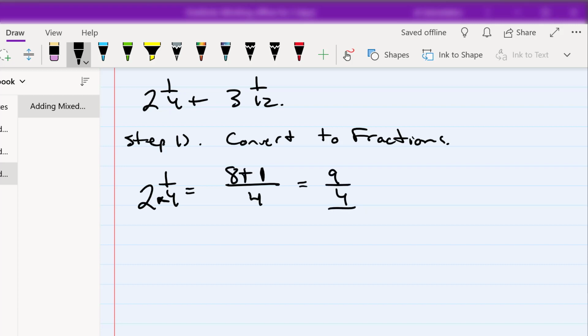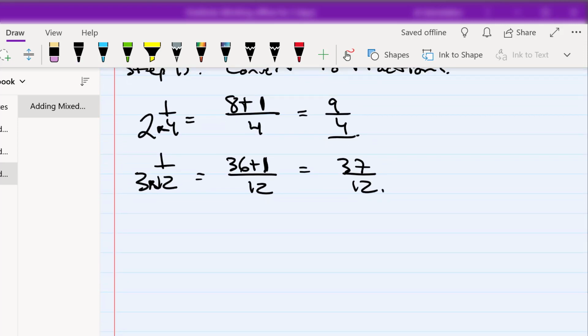So that is 9/4. Similarly, for 3 and 1/12, we write our denominator 12, we write our numerator 1, and then we say 12 times 3 is 36. So 36 plus 1 is 37 over 12.